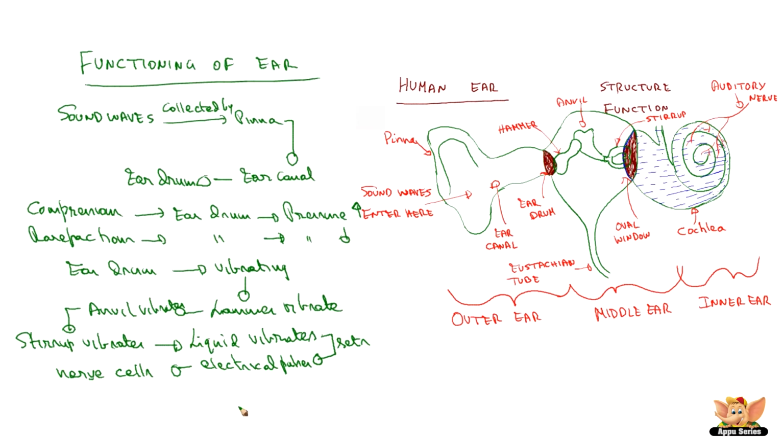These electrical impulses are carried through the nerve cells to the auditory nerve, which will go to the brain, and we hear sound. Then what happens? We hear the sound. How the brain interprets these electrical signals as sound.